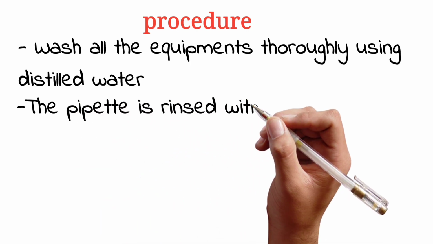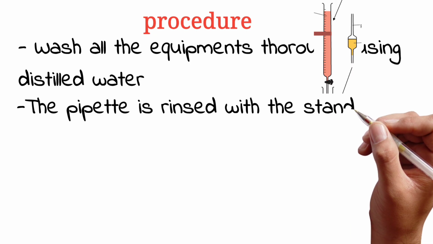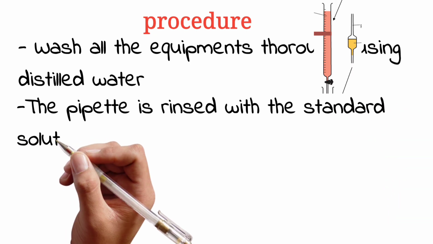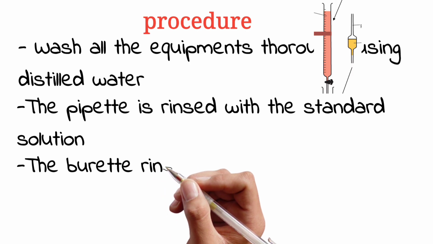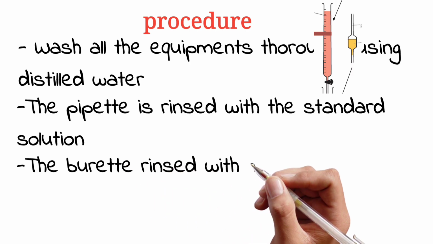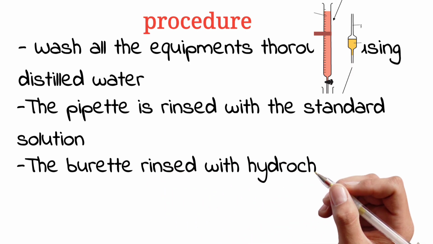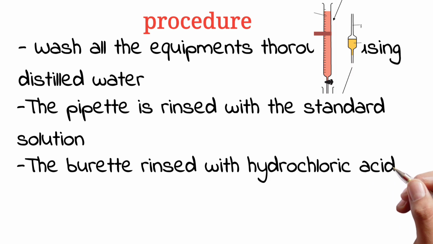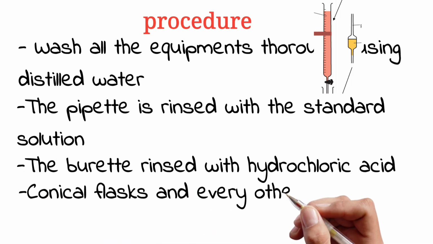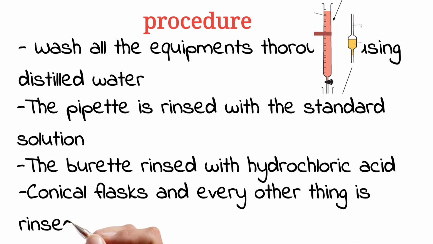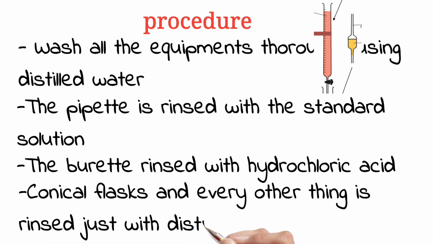After washing all the equipment, you are still going to rinse the pipette with the standard solution, because the pipette is going to contain the standard solution. You rinse the burette with hydrochloric acid, because the burette is going to contain the hydrochloric acid. The first image we have seen with the orange solution is the burette, and the one containing the yellow solution is the pipette. Those are the images.